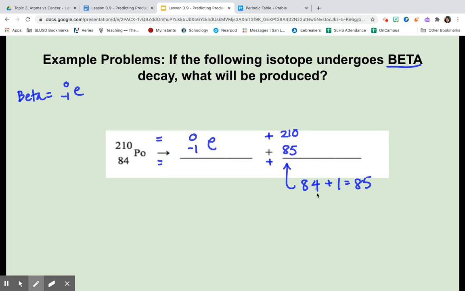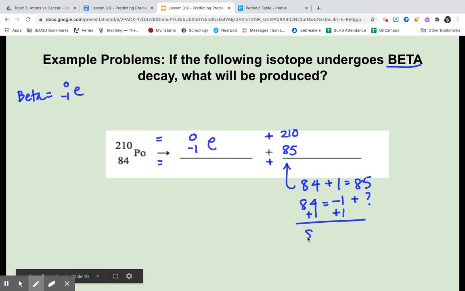Or you can think about it this way: 84 equals negative 1 plus something. So if I want to solve for that question mark, it's plus 1. I'll end up with 85 equals that number.